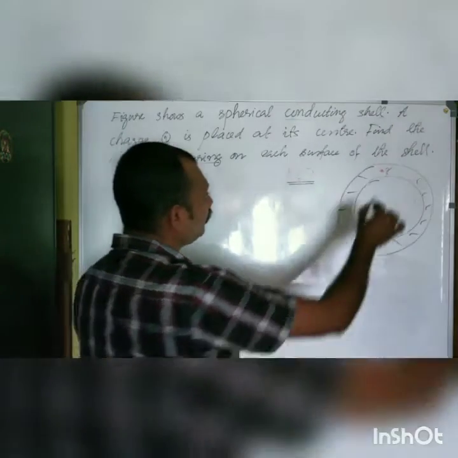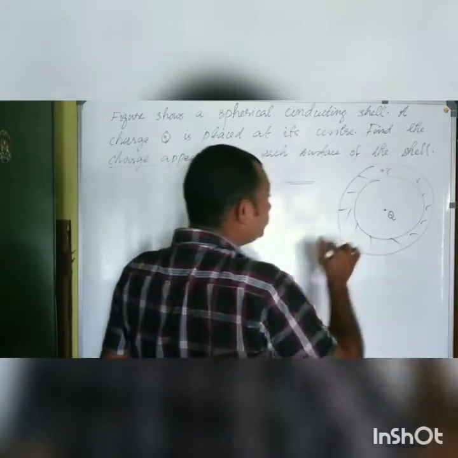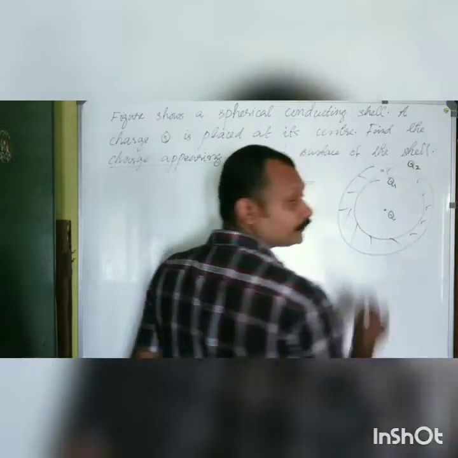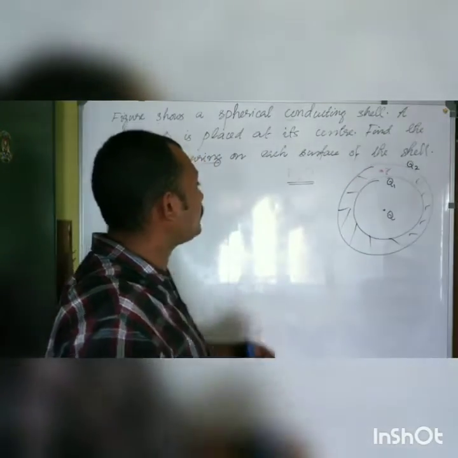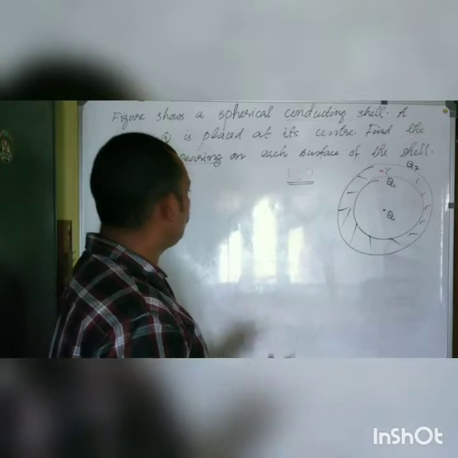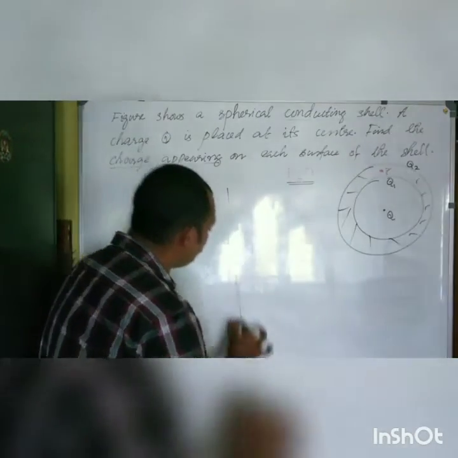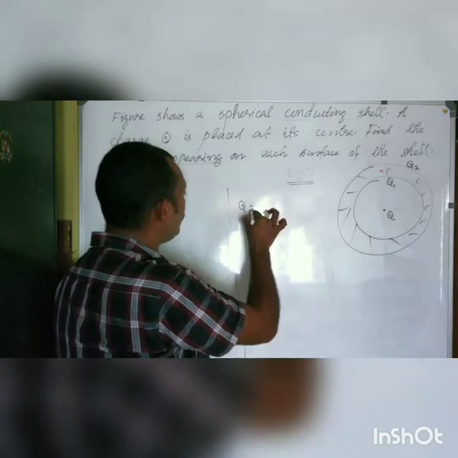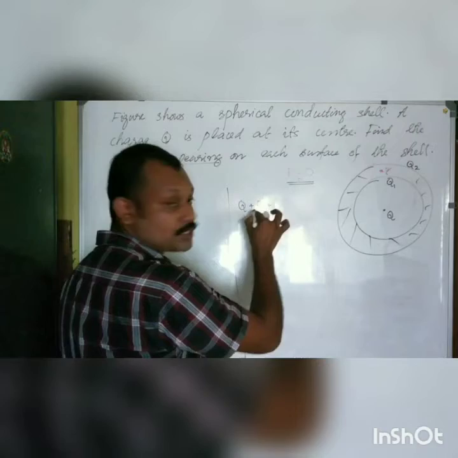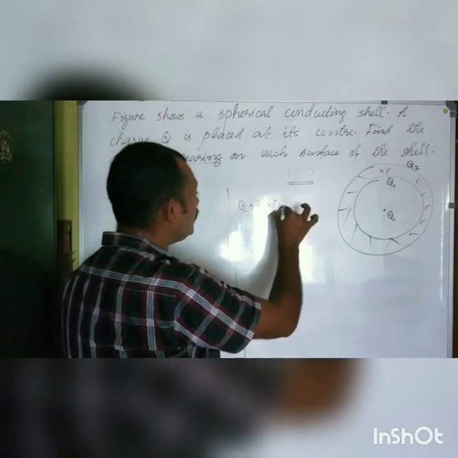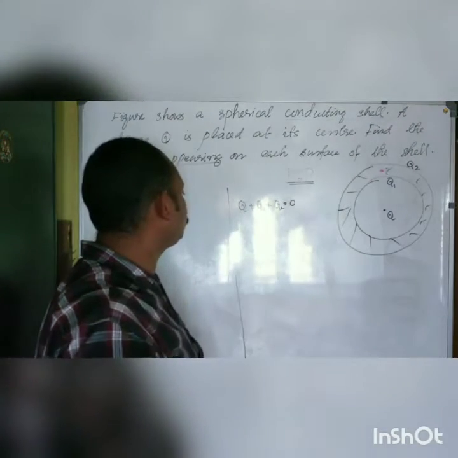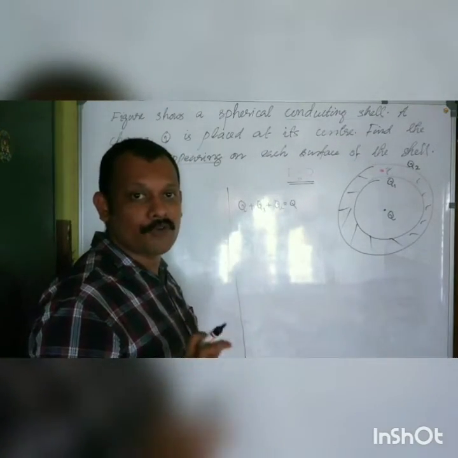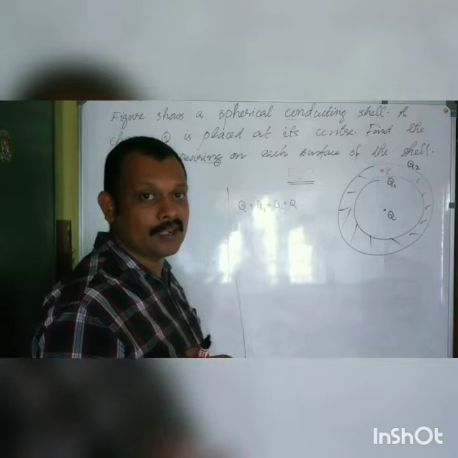Let us assume charges Q1 and Q2 to be present here. From the conservation of charge, Q plus Q1 plus Q2 is equal to Q, because the total charge of an isolated system should remain constant.